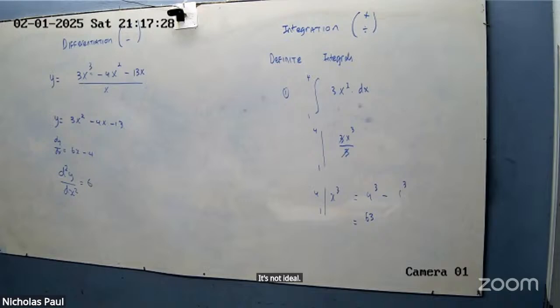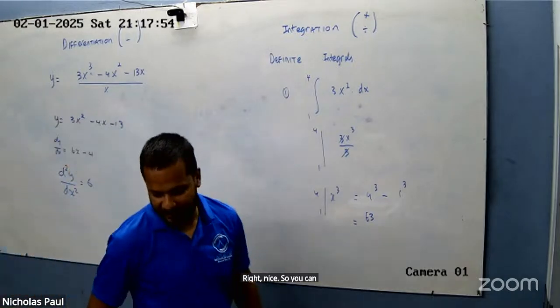What text do you use then? This one, the alpha one. Nice. So you can try that, just to check the value.